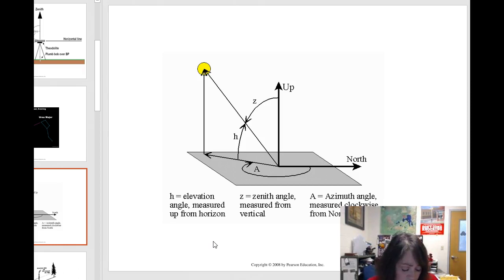So as an example on the notes that I've included with this lecture, if we had a north azimuth of 280 degrees, between 270 and 360 degrees is going to be in the northwest quadrant. So it means that we are 10 degrees further along in the arc than true west.